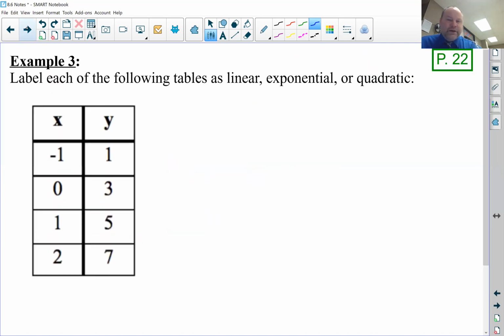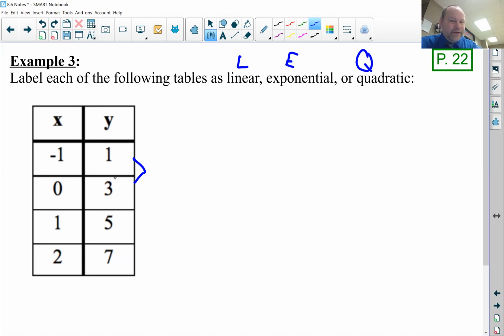All right. What about this one? What do you think? Again, if you're not sure, take a look at the differences. Got a lot of agreement in the chat.